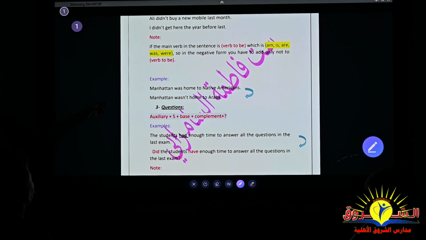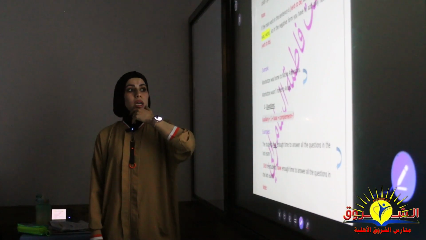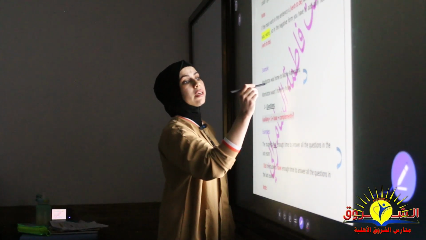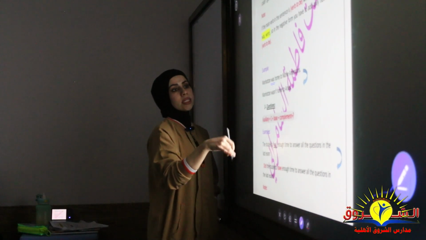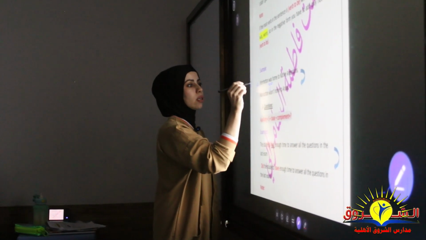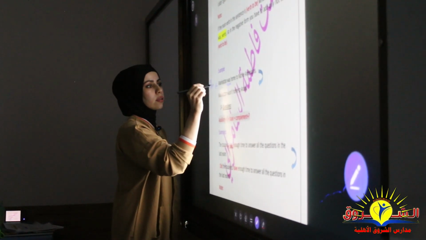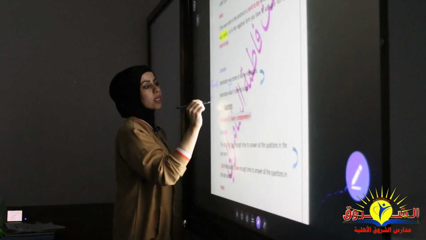Here we have another example. Manhattan was home to Native Americans. The main verb in the sentence here is was, right? Now, look at the next sentence in the negative form. Here we have affirmative, okay, which is مثبت. The second one is negative.